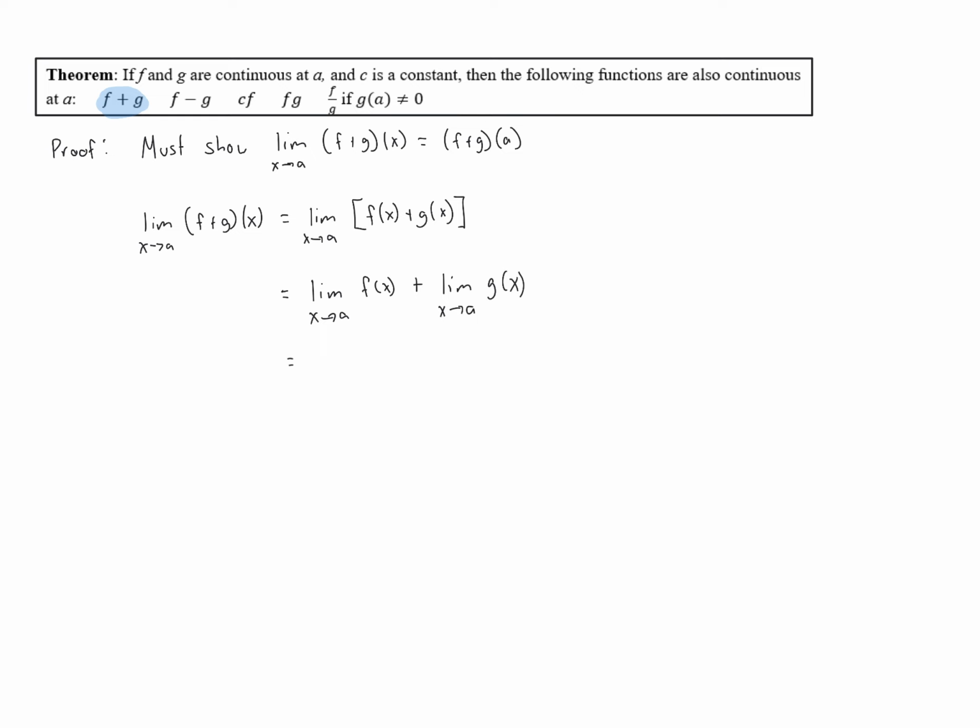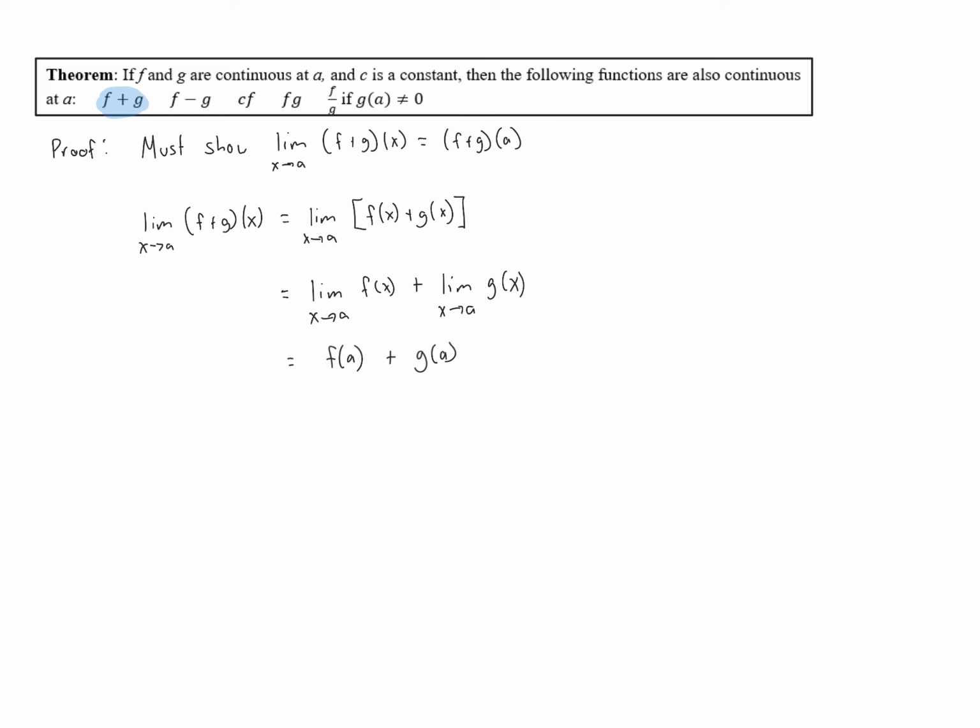So because f of x is continuous at a, that means the limit of f of x as x approaches a is just f of a. And similarly, because g of x is continuous at a, that means that the limit as x approaches a of g of x is equal to g of a. Because these functions are continuous, we can evaluate the limits by just evaluating the functions at a.